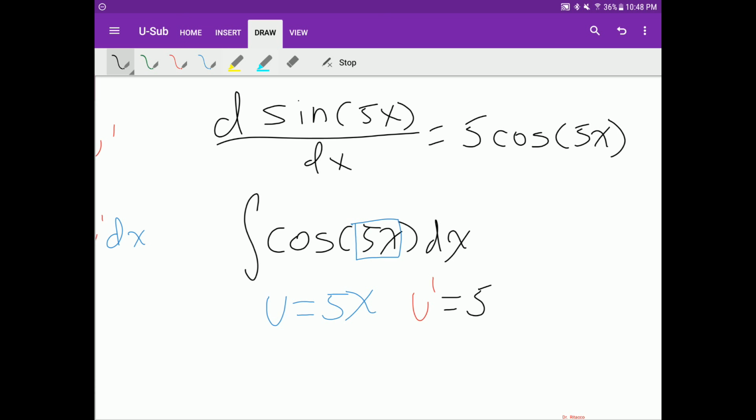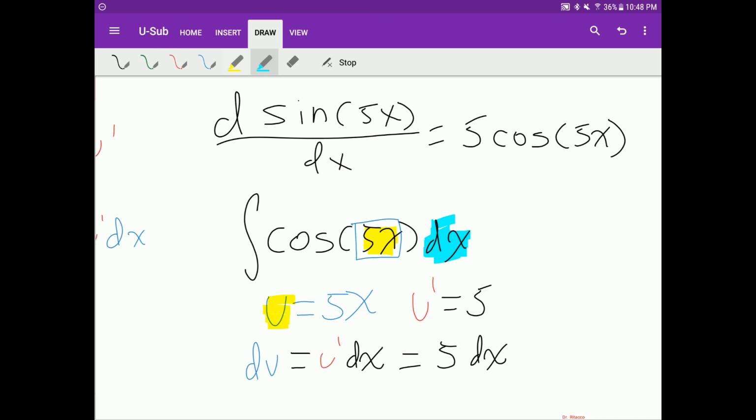Well, let's remember what we were doing here. We said that du is equal to u prime dx. Well, that means du here is equal to 5 dx. I don't have the 5 there, but I have a dx that I can substitute. I know I'm going to be able to take this 5x and turn it into a u, but now I still have dx.